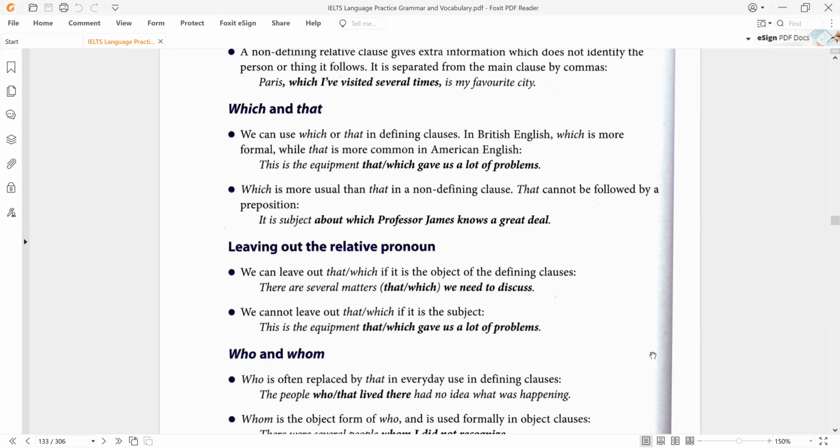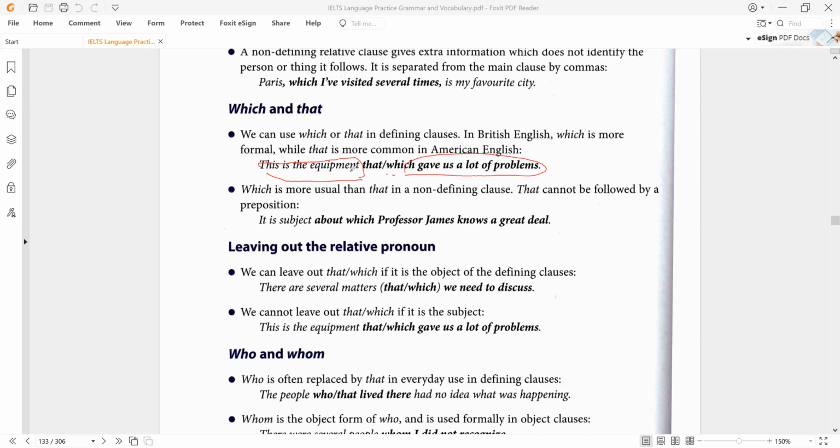Okay, now which and that. Okay, this is the equipment. This is the equipment which gave us a lot of problems. This is the equipment which made us a lot of problems. So this is the equipment، هذه المعدات which gave us a lot of problems. So here, is it defining or non-defining?